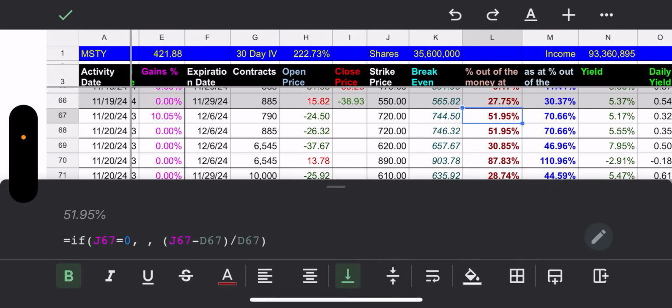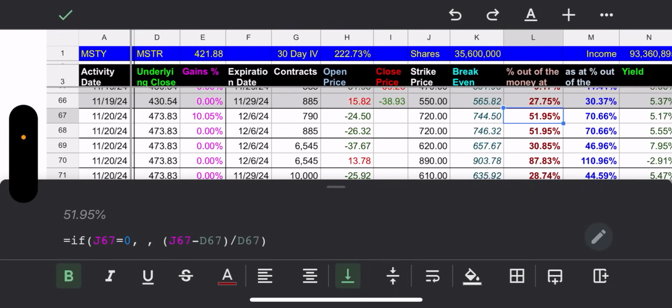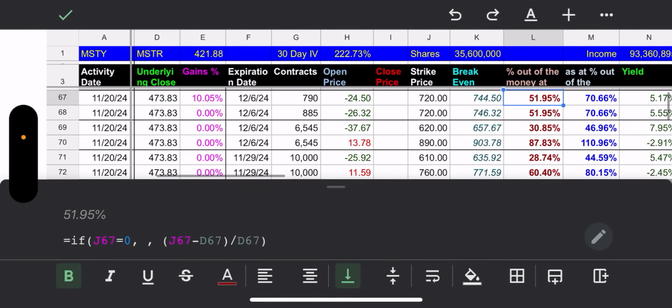However, if there is a value, then we do J67, strike price, minus D67, which is the value of the underlying on that date, and then you divide it by the value of the underlying on that date. And it shows you how much the strike price is above or below that current price, that daily price. So as of the day of the trade, they were 51% out of the money.